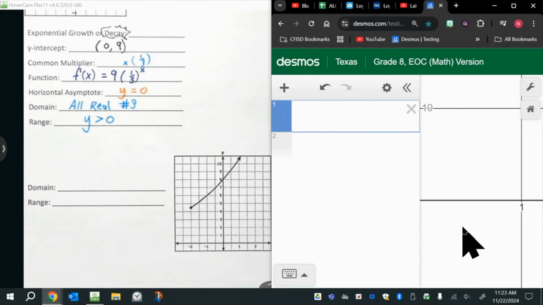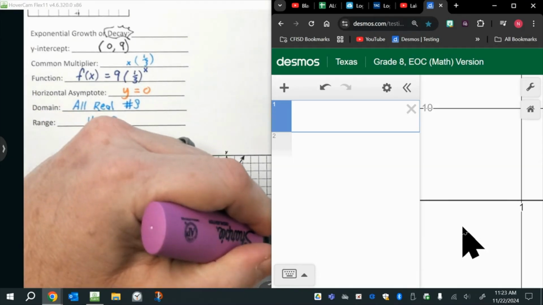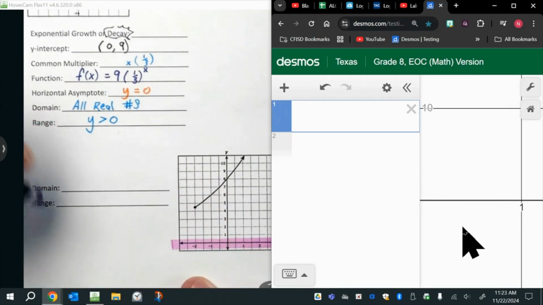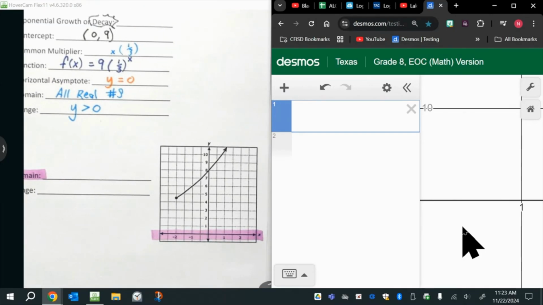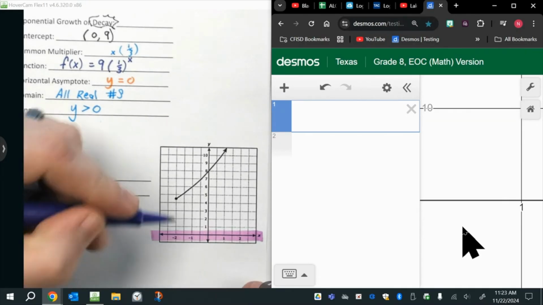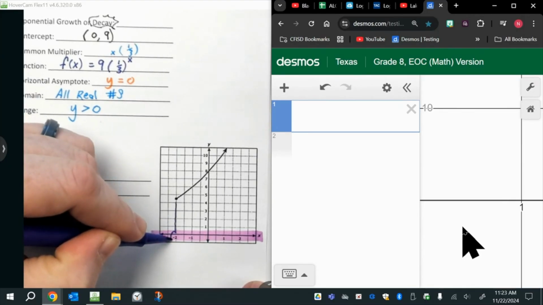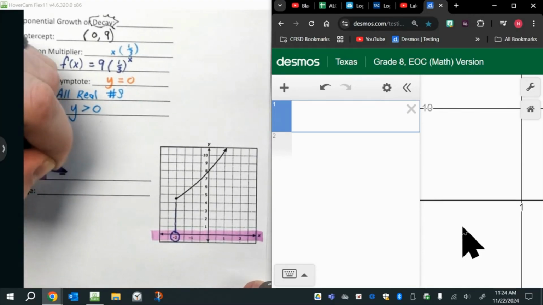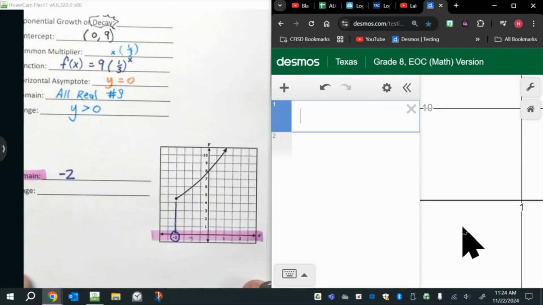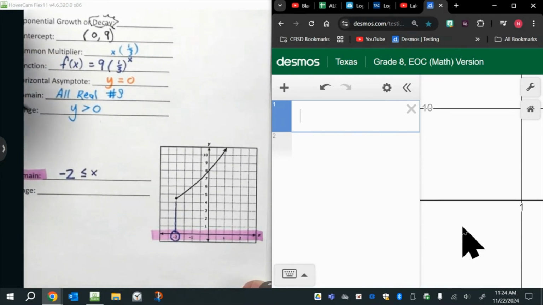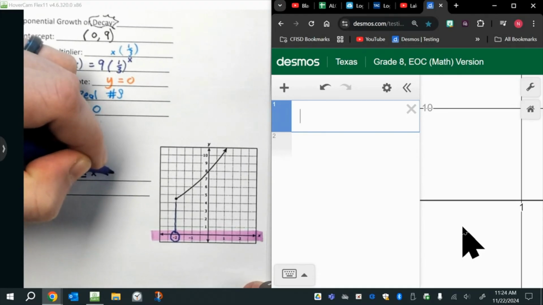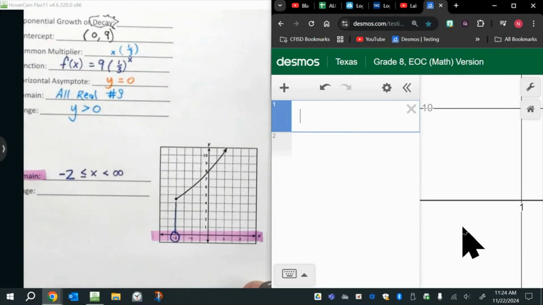Our domain. All right, we look at our x values. It's our domain. Okay, and our domain, this is saying it starts at -2 and then all of the x values are bigger than that, and then it goes to infinity.